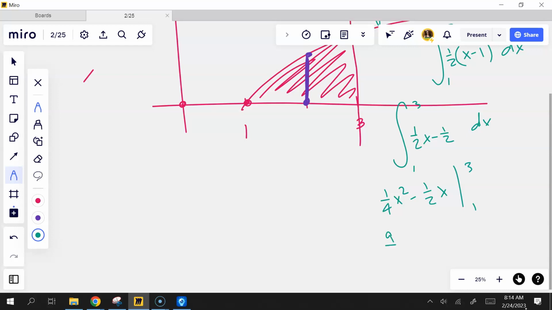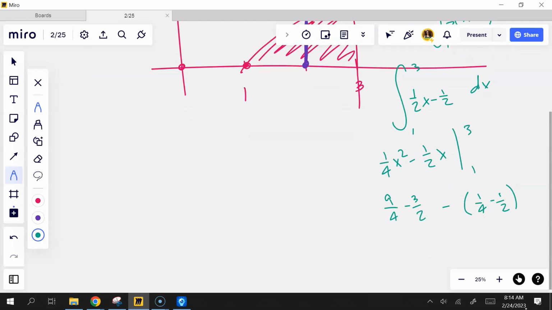You're trying to do it in your head. 1/4 minus 1/2. Doubled, so 6, 9 minus 6 would be 3/4 minus 1/4 minus 1/2 would be -1/4.